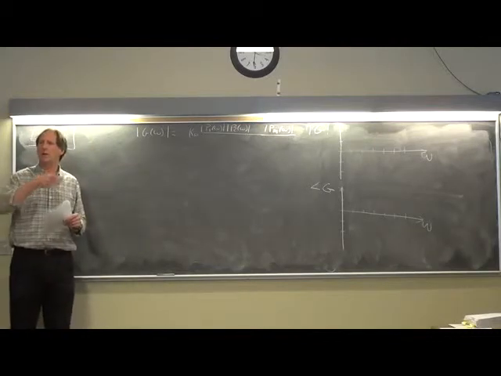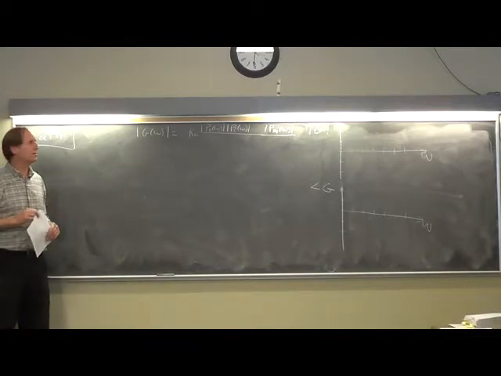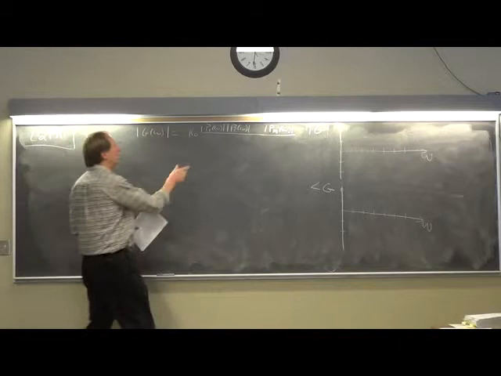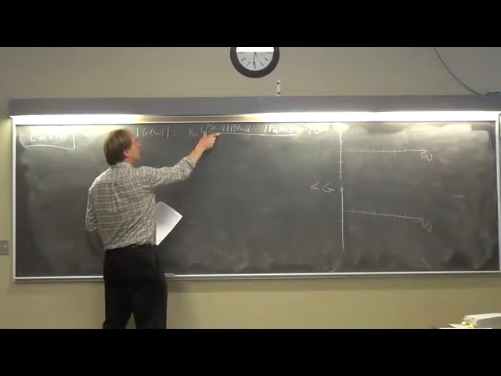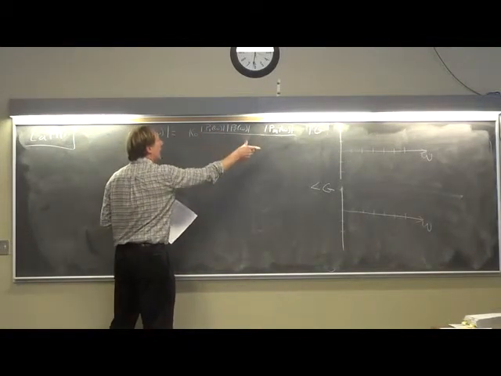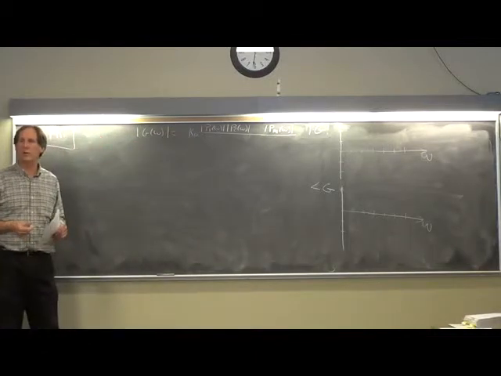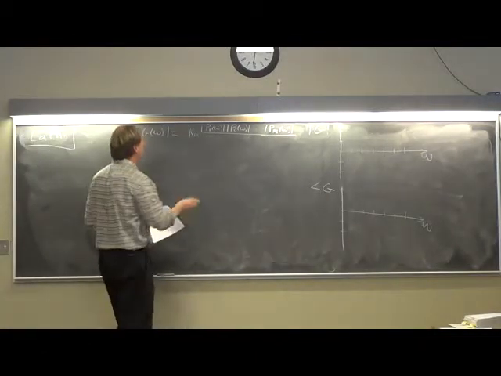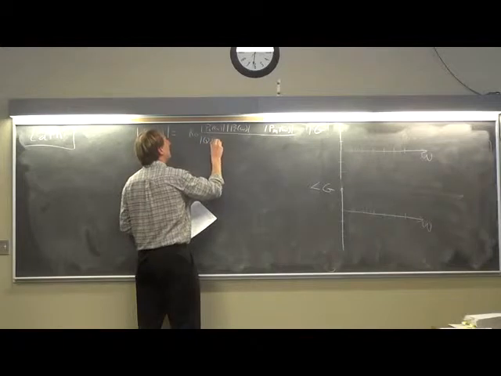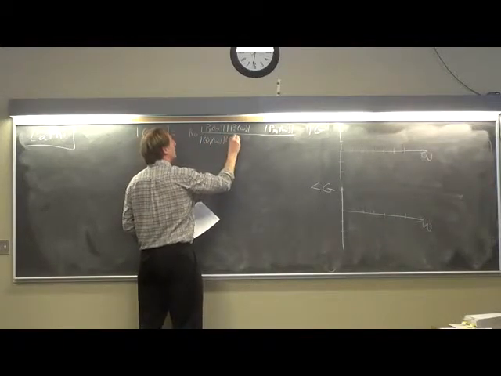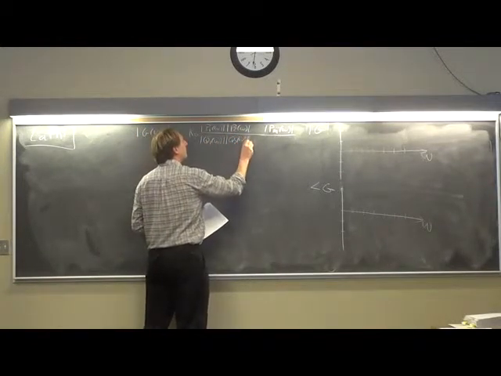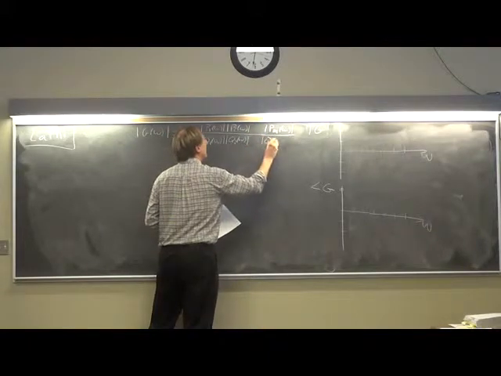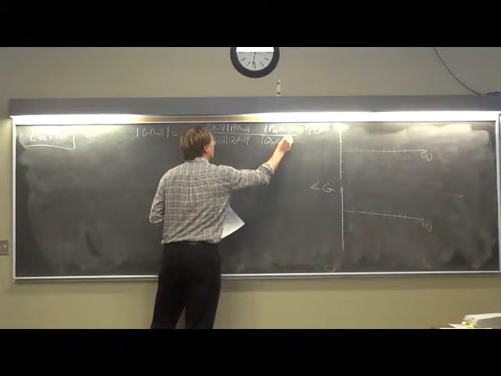The product of each of the factors. If we can find the magnitude of each of the factors, we just multiply them together, and we can find the magnitude of the numerator and the magnitude of the denominator. Qn of omega.